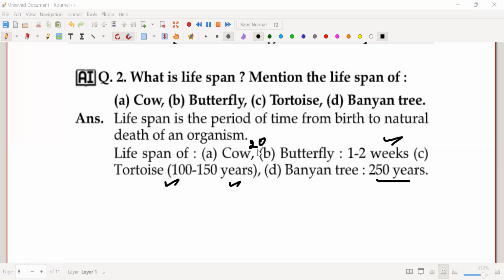Then producing milk will always happen after 2 years only. So the total from birth to death is around 4.5 to 6 years, and after that the years will be more. Approximately it would be around 15 to 20 years. 15 to 20 years for cow.